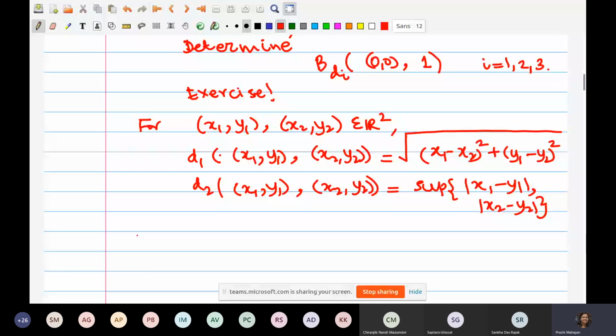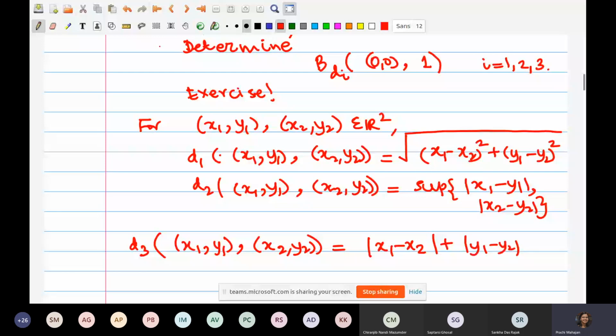And d3, if I remember correctly, was defined as the following. Sorry, there's a little correction here.